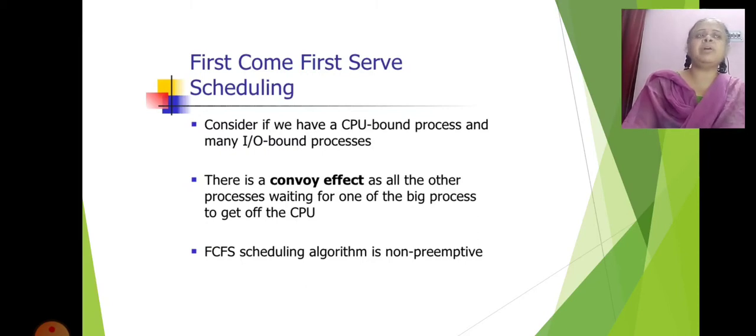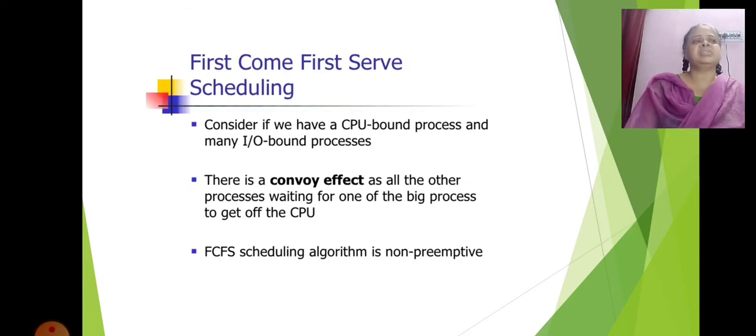The CPU bound process will get and hold the CPU. During this time, all the other processes will finish their IO and move into the ready queue, waiting for the CPU. While the processes wait in the ready queue, the IO devices are idle.